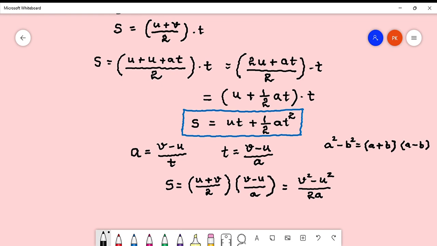So if I cross multiply, I'll get 2AS is equal to V square minus U square. So we get V square is equal to U square plus 2AS, and that is the next equation of motion.